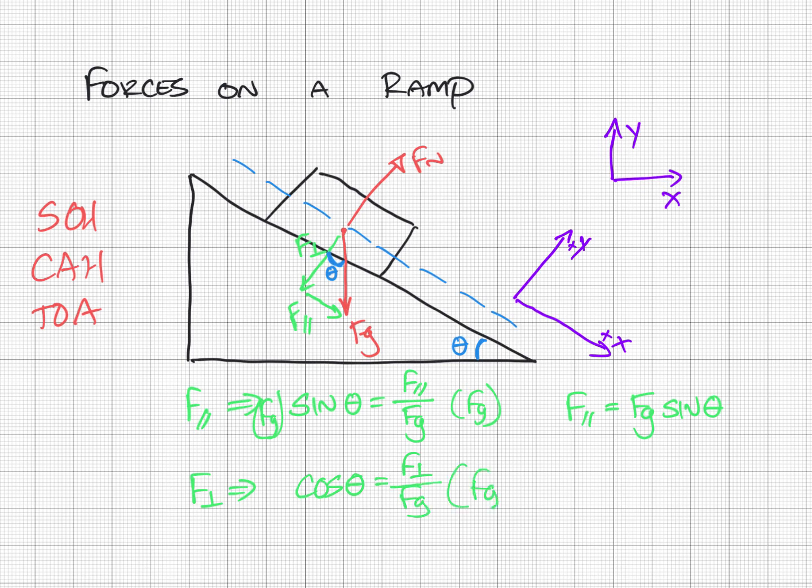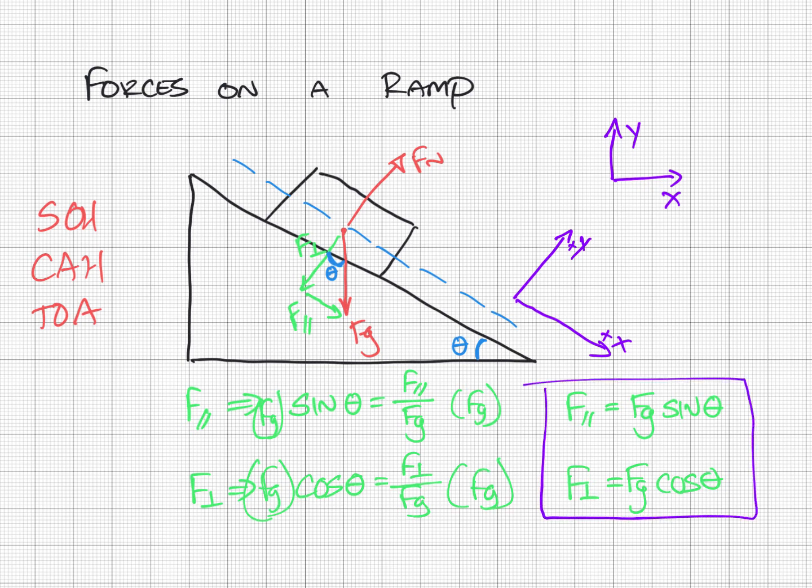Again, I would multiply each side by the force of gravity, and I would be left with the perpendicular force equal to the force of gravity times the cosine of theta. So this is how I would break my gravitational force into its x component and its y component.